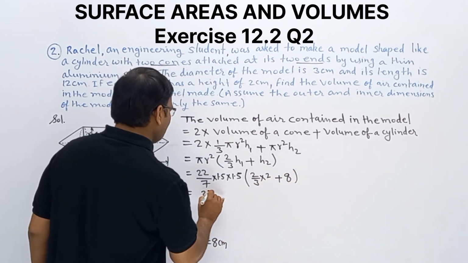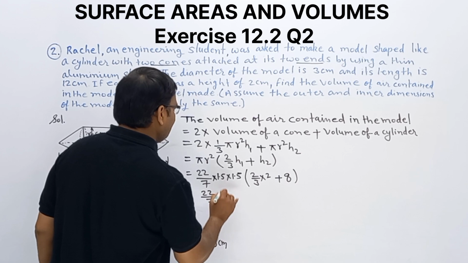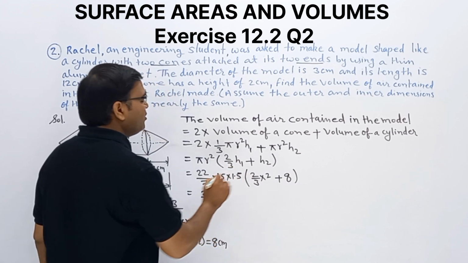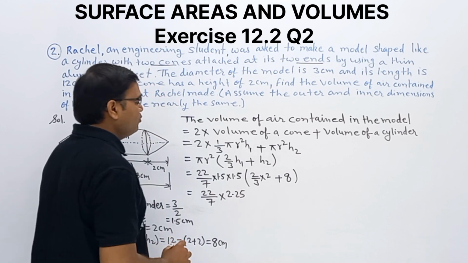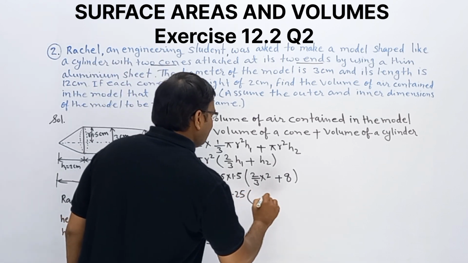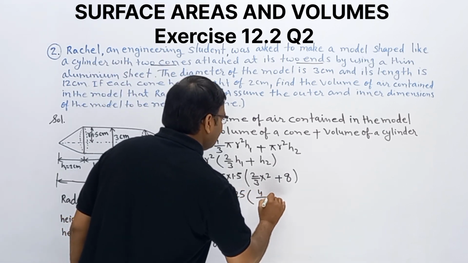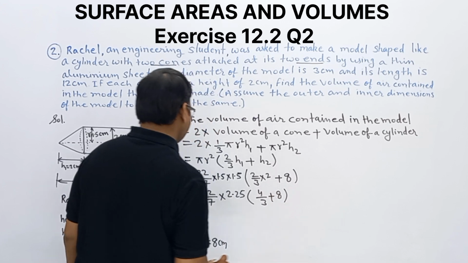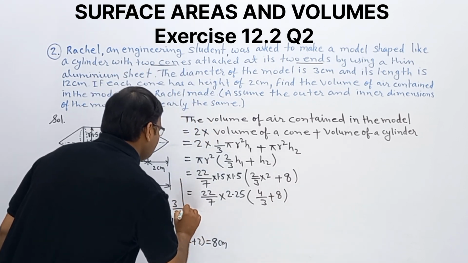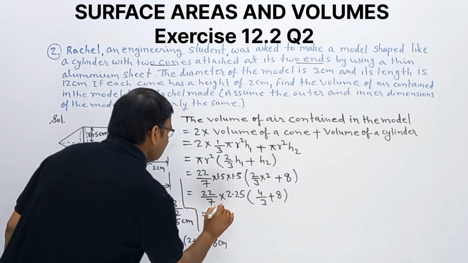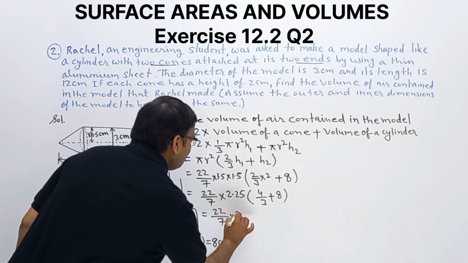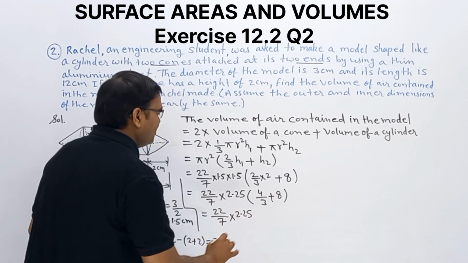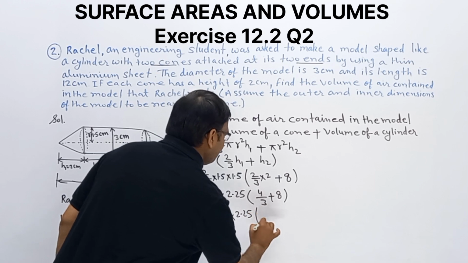This can be written as 22 by 7 into 1.5 into 1.5. This will be 2.25, and this will be 4 upon 3 plus 8. This can be written as 22 by 7 into 2.25. Take LCM.